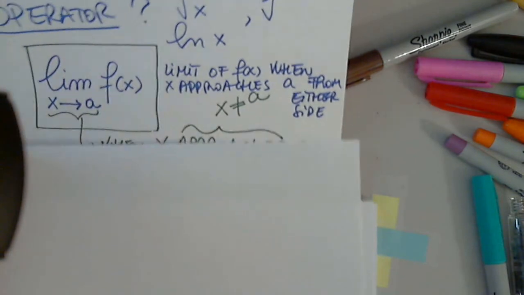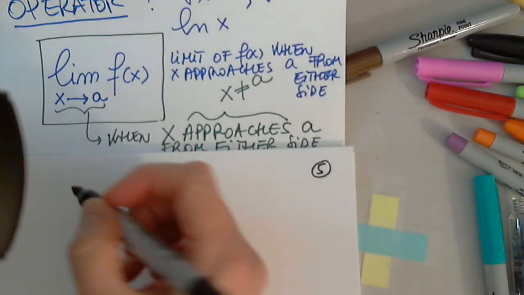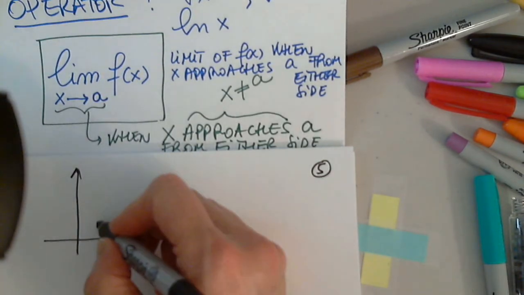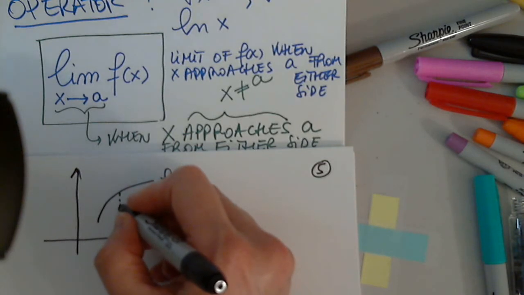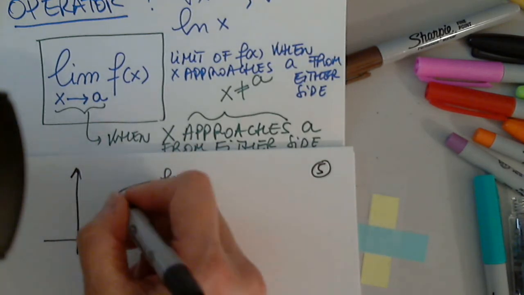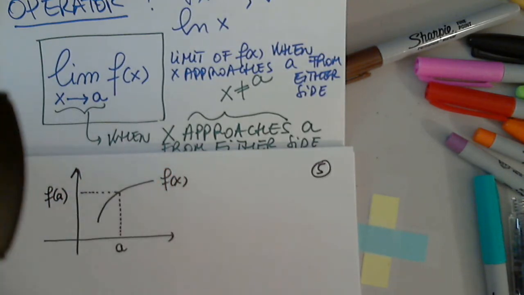Now let's take a look at a few things here. Page 5. So here's a function again. This is f of x, and this is a, and this is, of course, f of a.